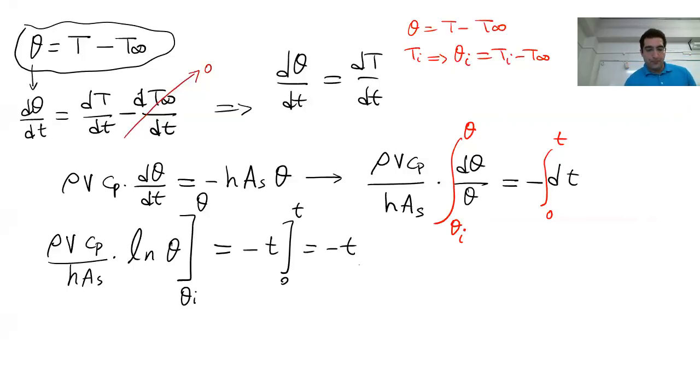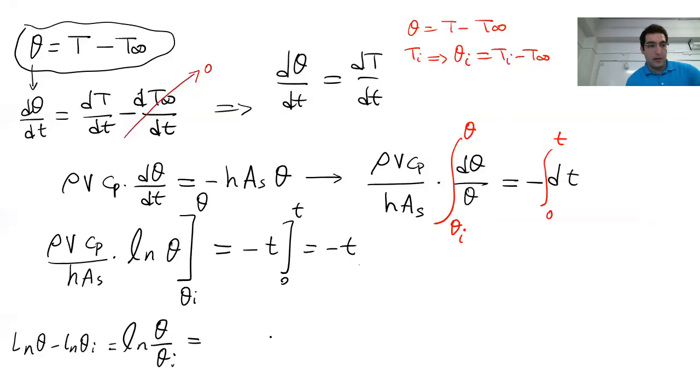Now, ln theta minus ln theta i, you can call it ln of theta divided by theta i. So again, ln theta minus ln theta i, you can show it also in this form.